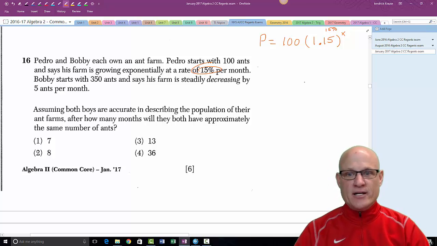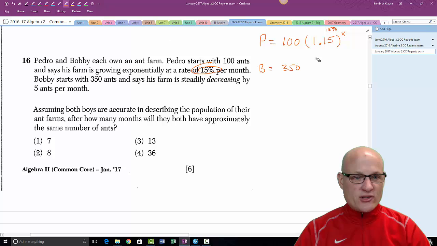So that's Pedro. Let's do Bobby. Bobby starts with 350 ants, and he's not growing. He's just losing 5 ants per month. So 350 minus 5x. Assuming both boys are accurate describing the population of their farms, how many months will both have approximately the same number of ants?